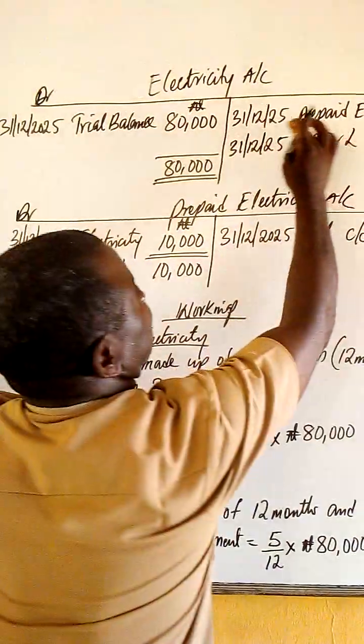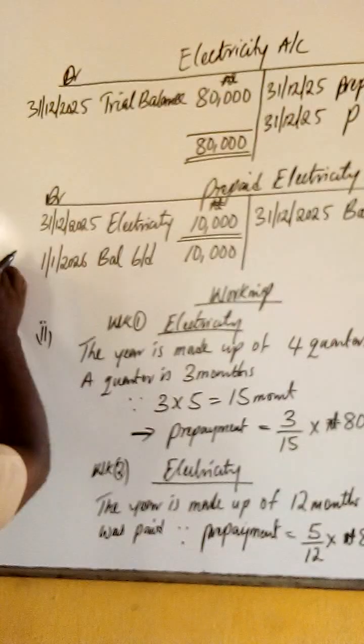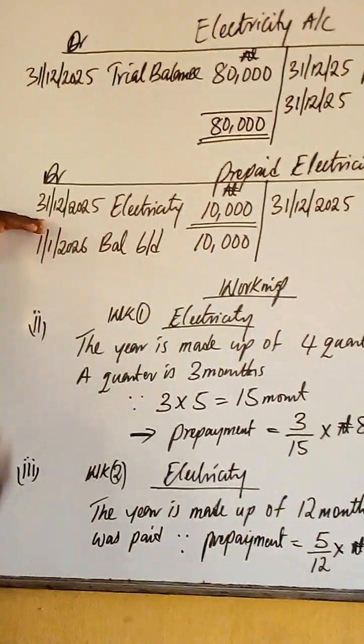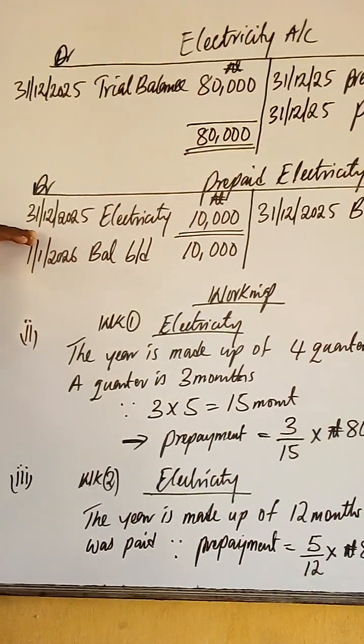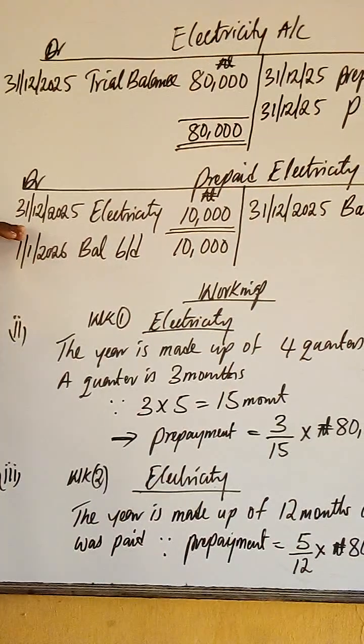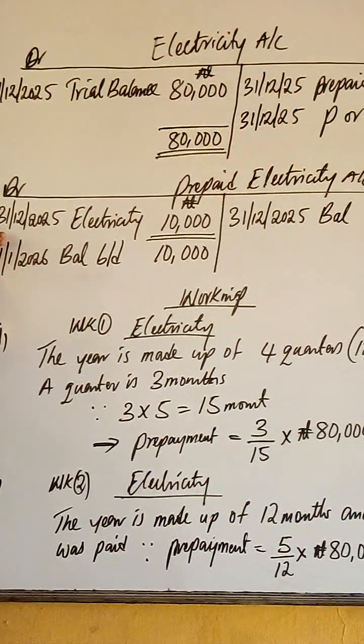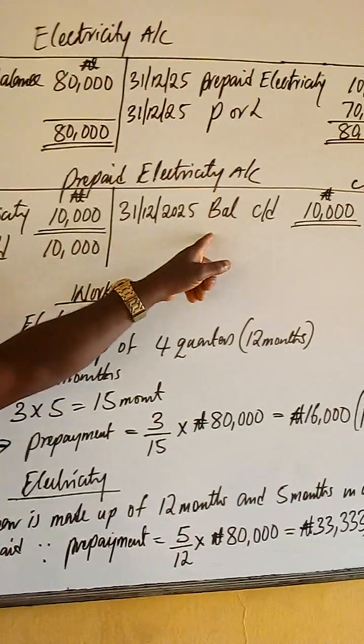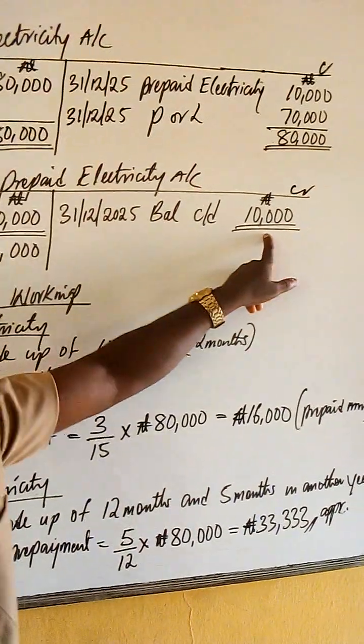This is credited, this will be debited. This is the only entry found in this account. The next thing is to close the account. How do you close? You balance the account. Then at the end of 31st December 2025, you say balance carried down, which is 10,000.